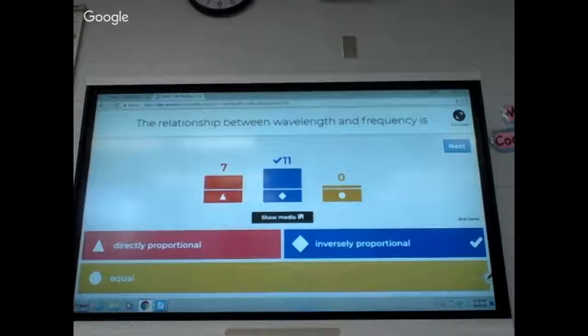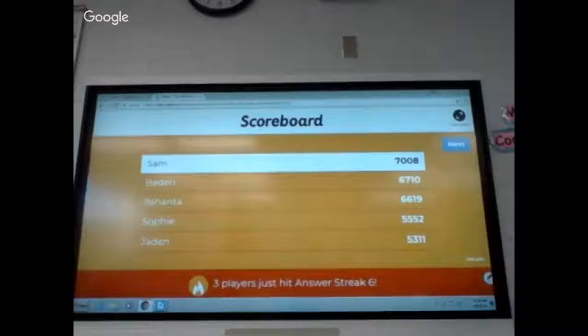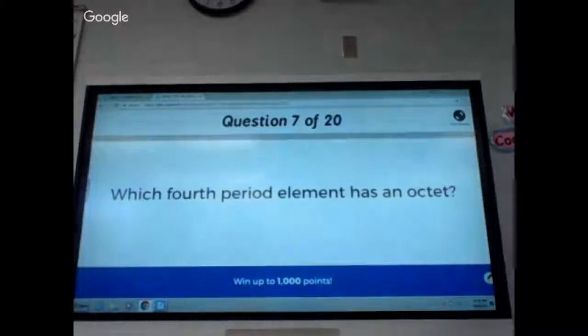Energy and frequency. Okay? You're either really good at memory or you did study. Energy and frequency, E equals hv. So energy and frequency are directly proportional, and wavelength and frequency are inversely proportional. Nothing is equal. At least nobody picked that. Which 4th period element has an octet?